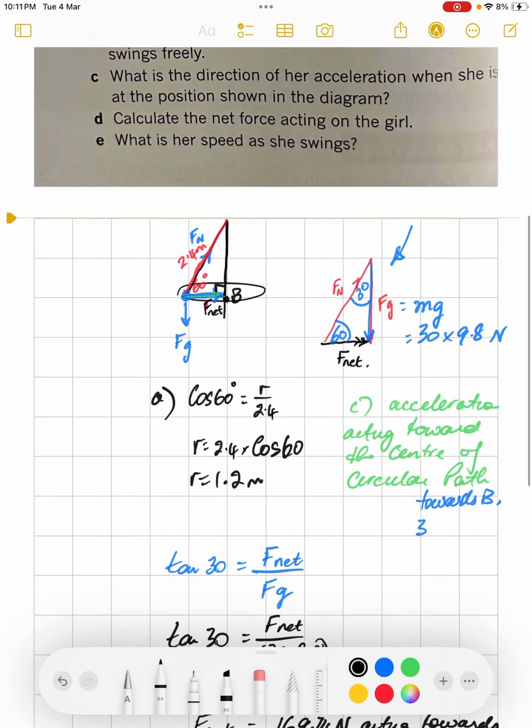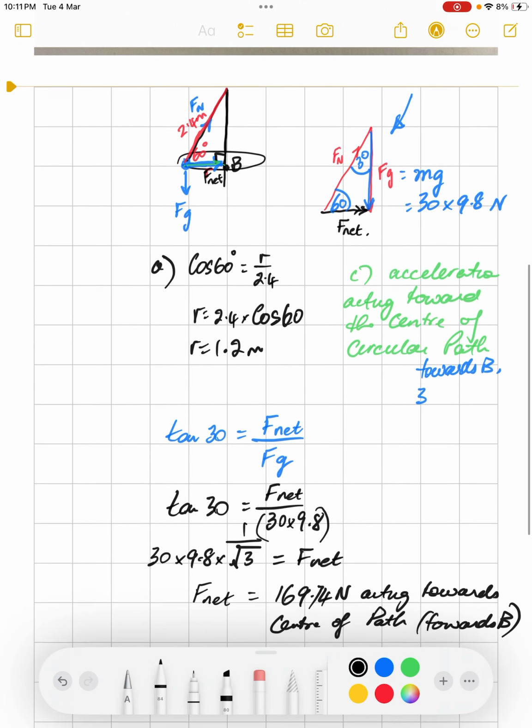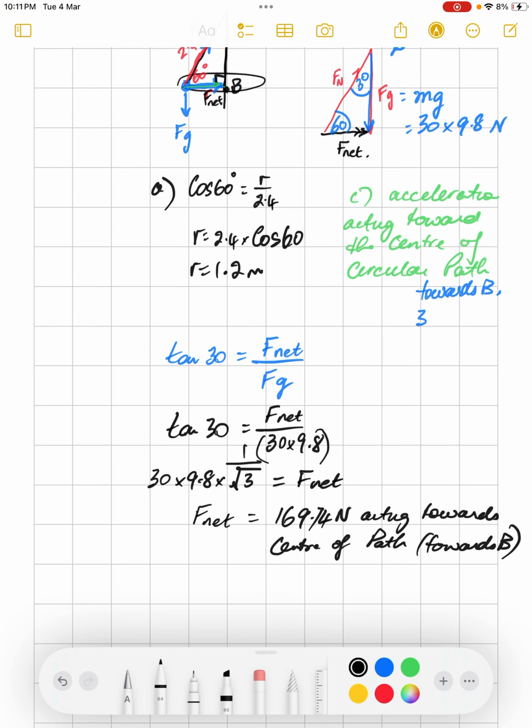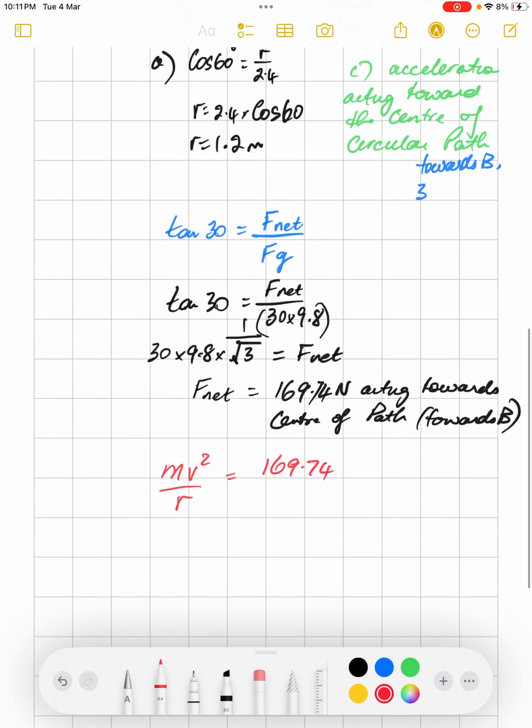Finally, what is the speed that she's swinging at? Well, the speed we can say will be mv squared over r is equal to our centripetal force, 169.74. So let's put our mass, which is 30, v squared over the radius, which is 1.2, is equal to 169.74.